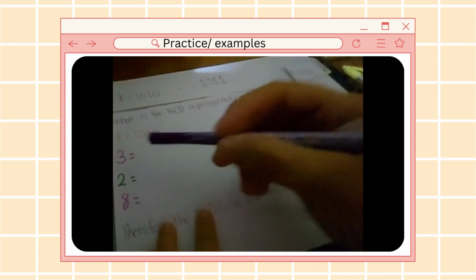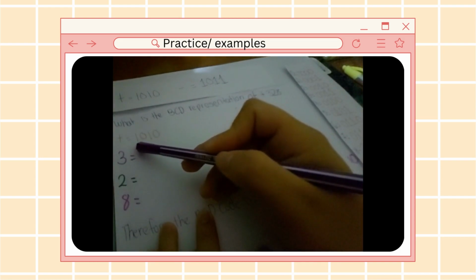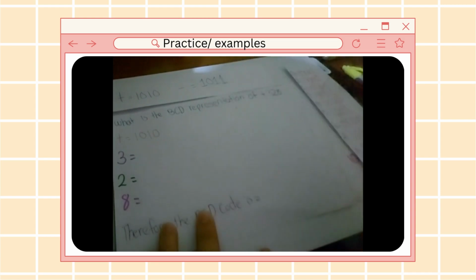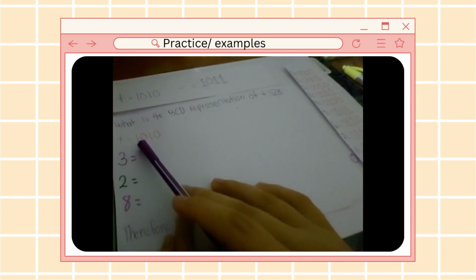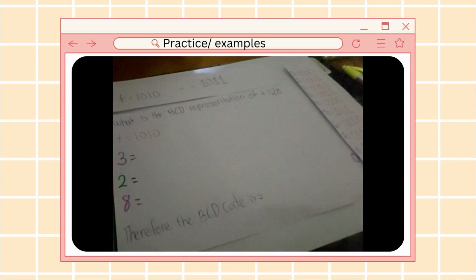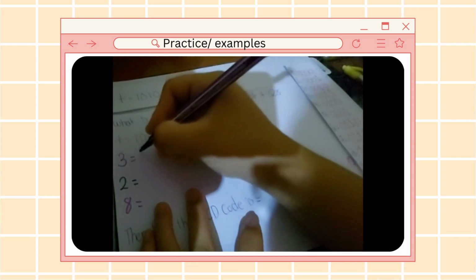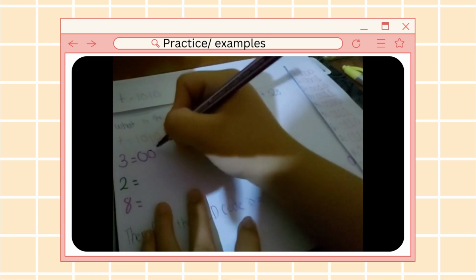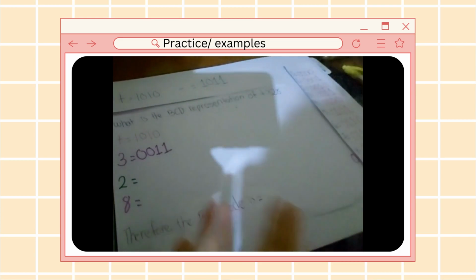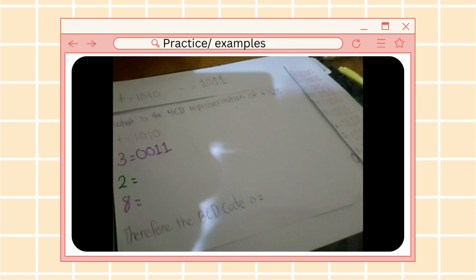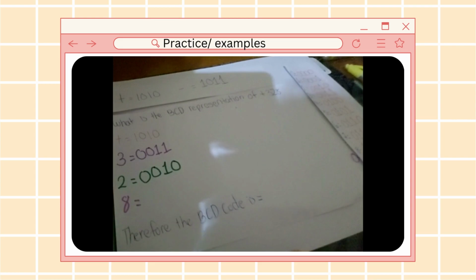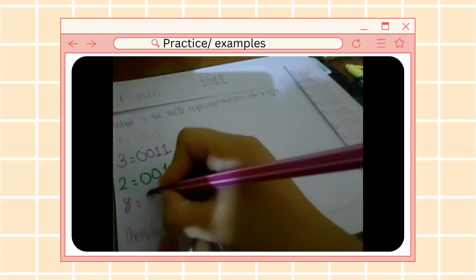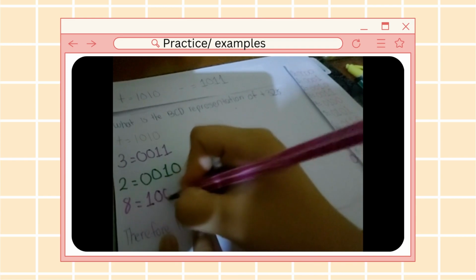Next, all the numbers 3, 2, and 8 will be the same as in the previous example; the only thing that will change is the sign. So for 3, we will have 0, 0, 1, 1. For number 2, we'll have 0, 0, 1, 0. And lastly, for number 8, we'll have 1, 0, 0, 0.